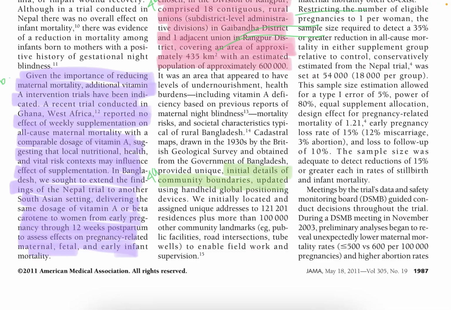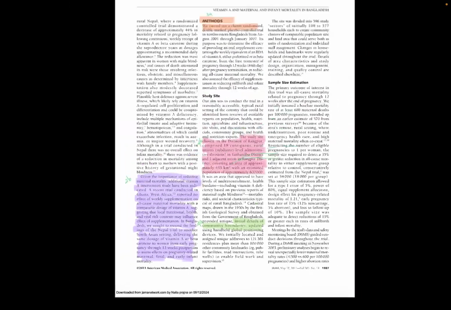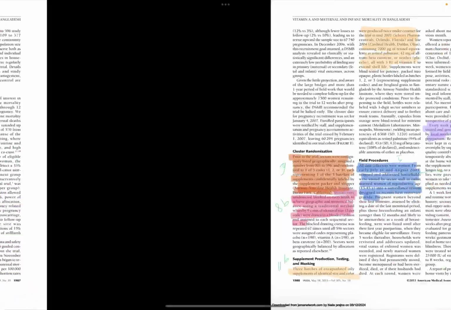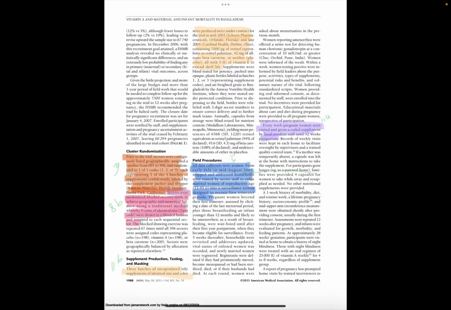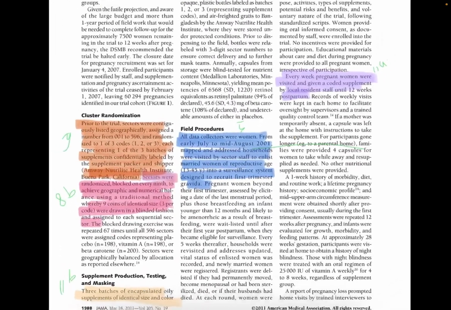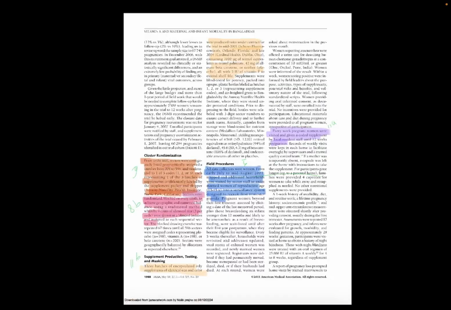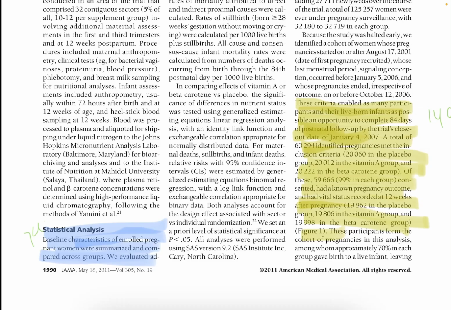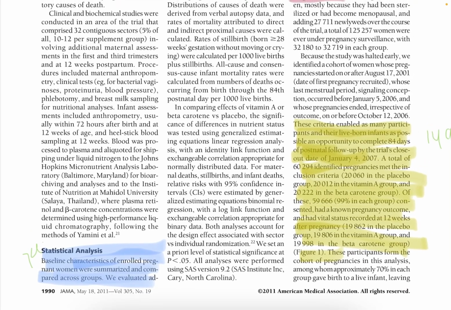So the participants are community-based, and we move to the next page. Find checklist number 7A, which is how sample size was determined.